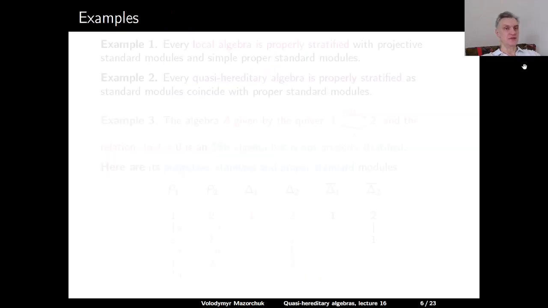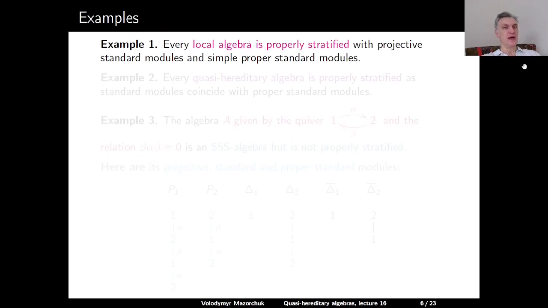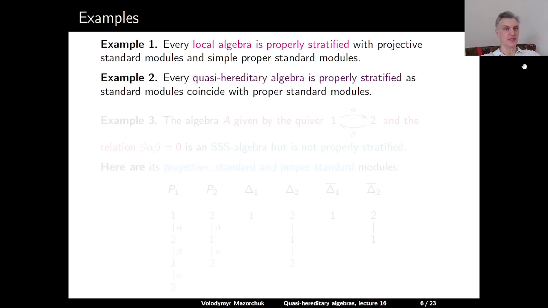Here are some examples. Example 1: every local algebra is properly stratified. As we saw, in the local case, the unique indecomposable projective is a standard module, and the simple modules are proper standard modules, so the indecomposable projective has both a standard and a proper standard filtration.